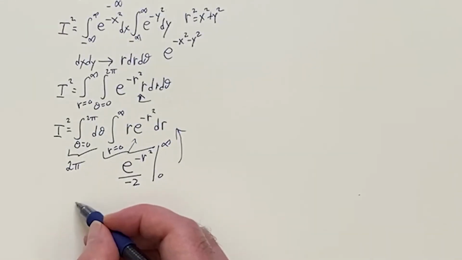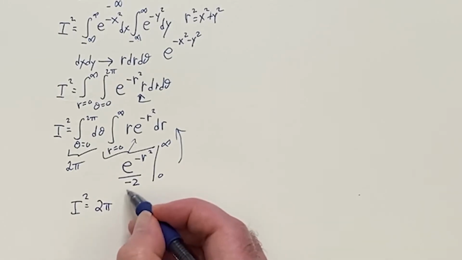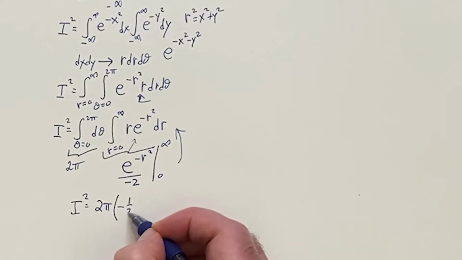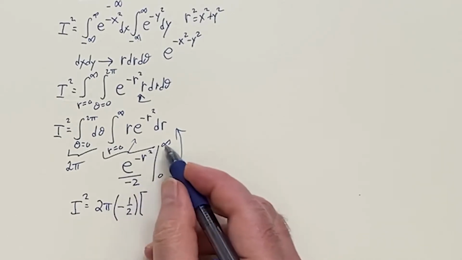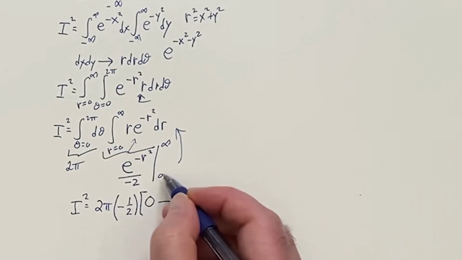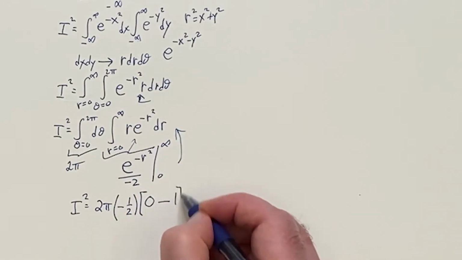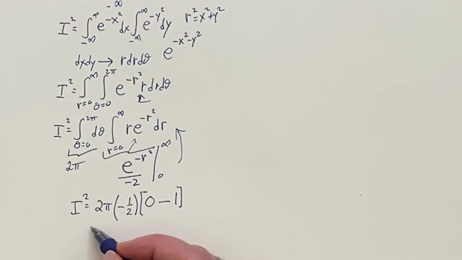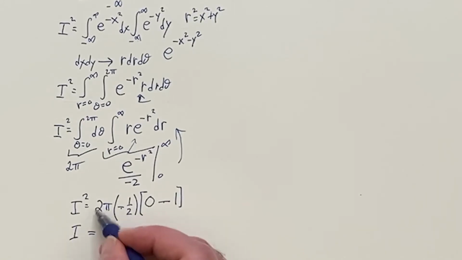And so this is going to be equal to 2 pi, and this is going to be minus 1 over 2. Then if you put in infinity, you get 0, and then minus, you put in e to the 0, which is 1. So this minus sign will cancel that minus sign, and that 2 will cancel that 2.